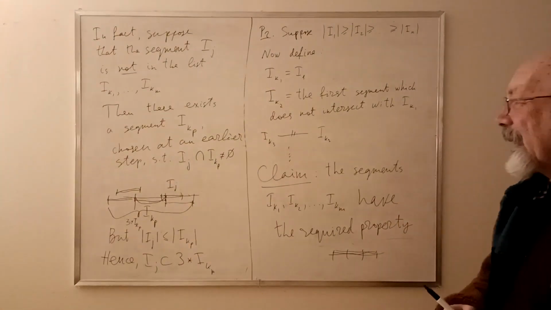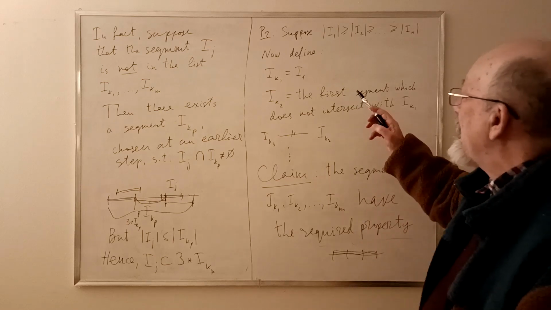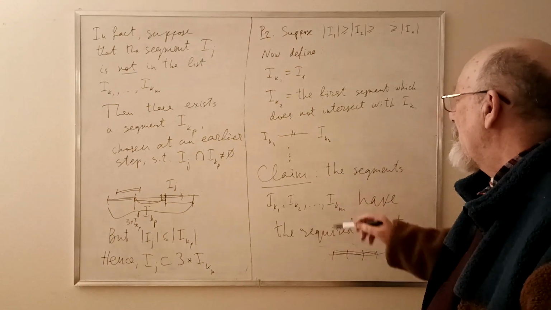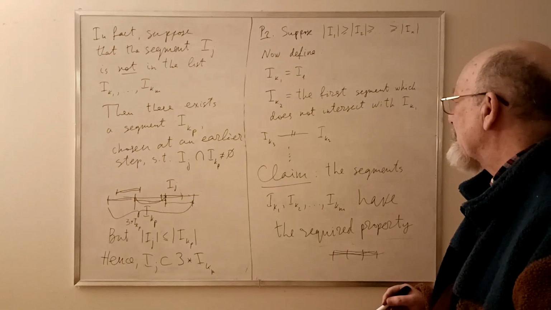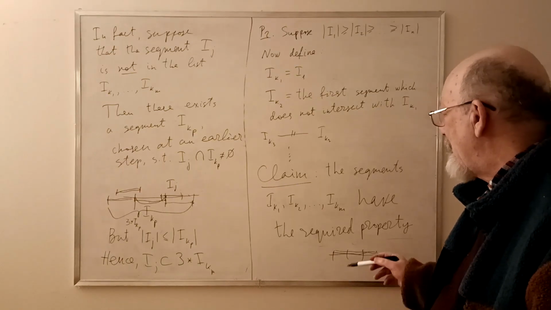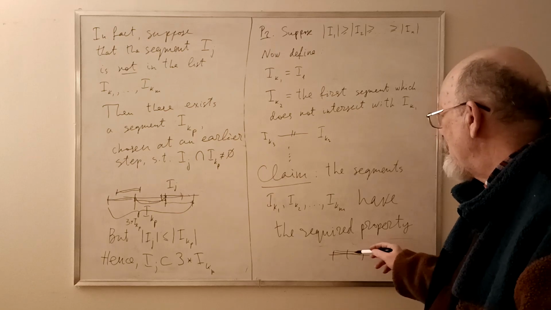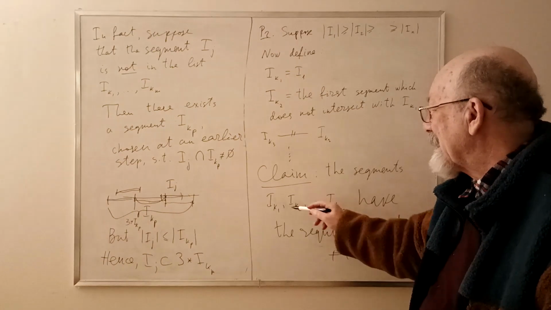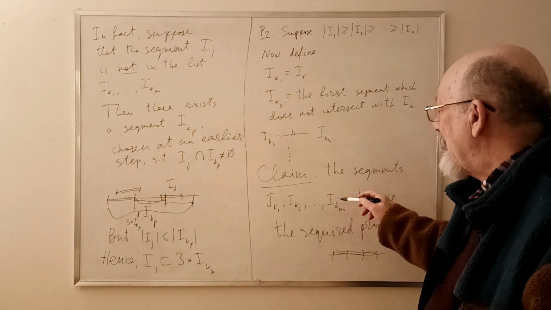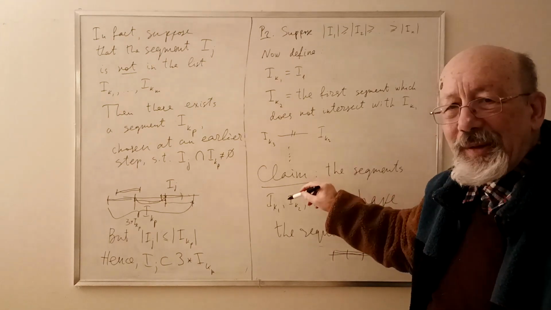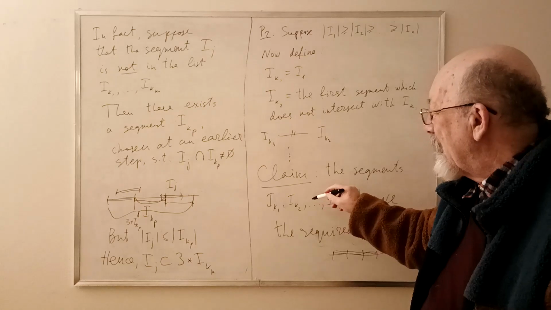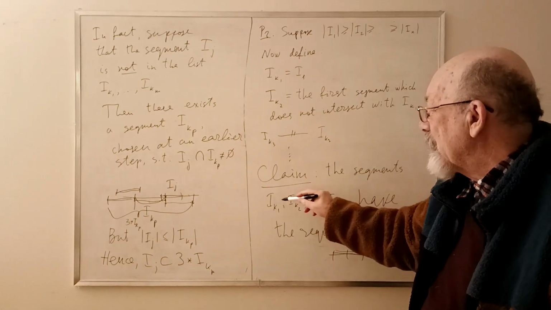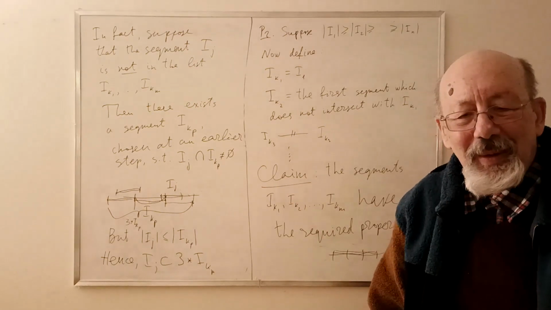Okay, so we see that every segment which is in this list is already the middle third of a tripled segment, and every segment which is not in this list will be covered by a tripled one of the previous chosen segments.